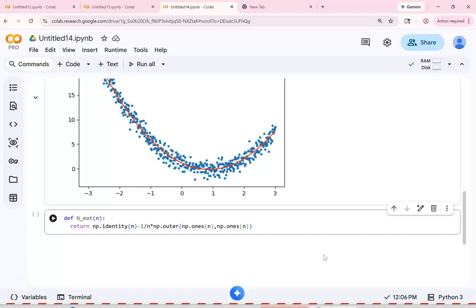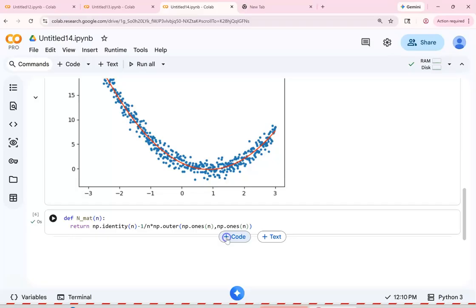Both of those work. Literally does not matter which one you use. If you want to play with it, you can check that they both work. There's probably other ways to do it too. Actually, I'm 100% certain there are other ways. All right, so there's my n matrix.